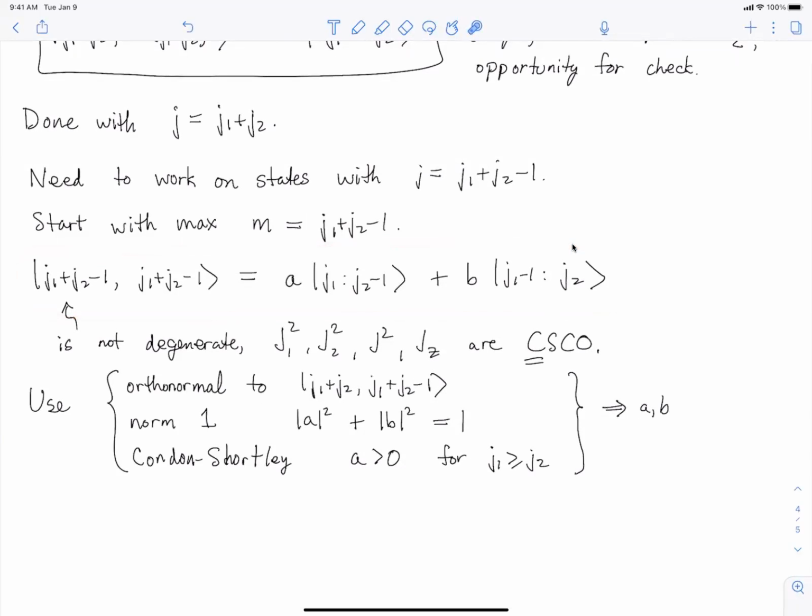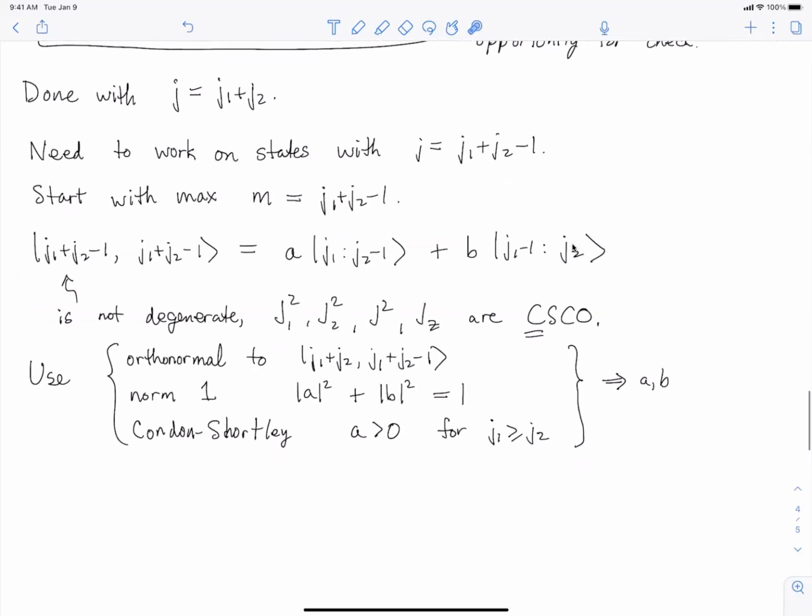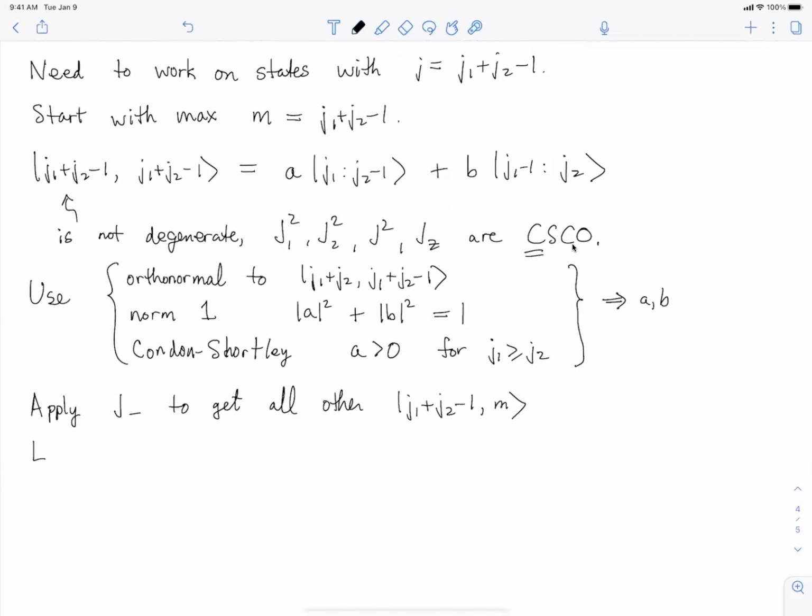Okay, and so once you do that, you can apply J minus again to get all the other states with that same value of J. So those states are of the following form: J1 plus J2 minus 1, M. Okay, and then the last one is going to have the lowest value of M, which is minus (J1 plus J2 minus 1).